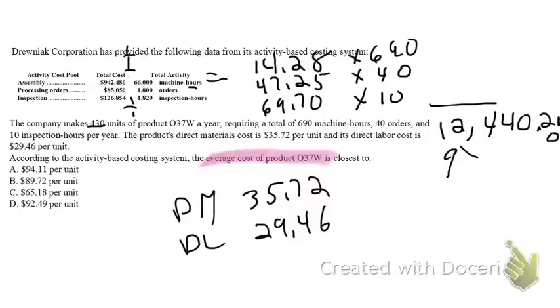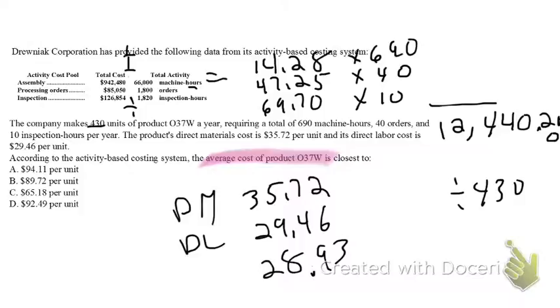I produced 430 units, so I have to divide that number by 430. So when I divide 12,440 by 430, I get $28.93, and that is my per unit manufacturing overhead. And so when I add those three numbers together, I get $94.11. And once again, this was question number 2.